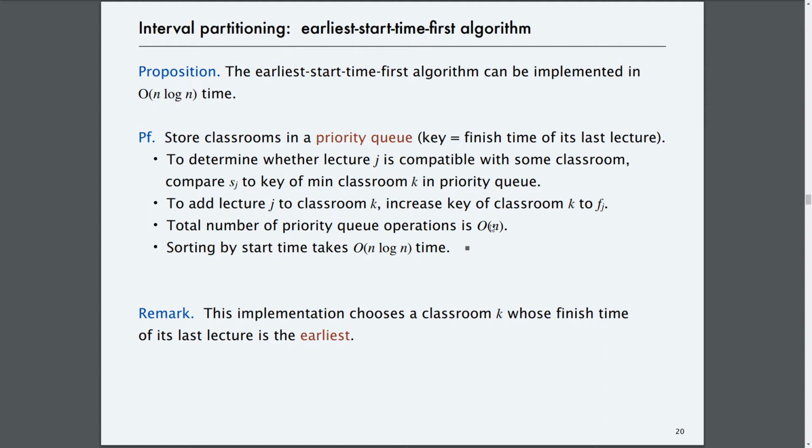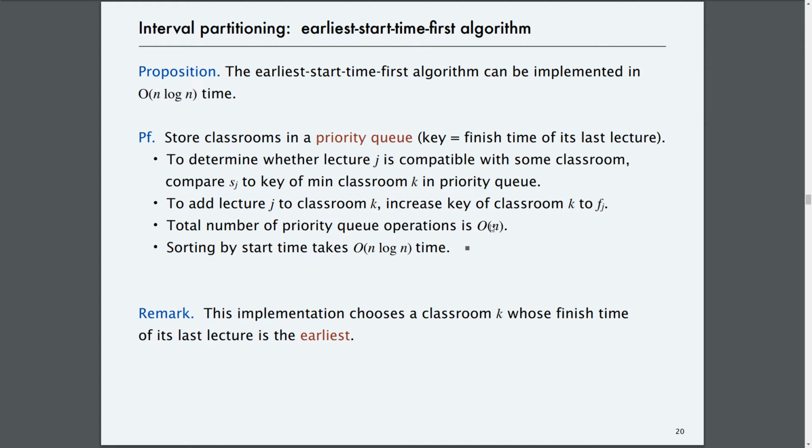So this algorithm can be implemented in O of n log n time. We store classrooms in a priority queue, and the key in the priority queue is when the lecture finishes. To determine if it's compatible with our current lecture, we just compare the start time with the minimum key in the priority queue.